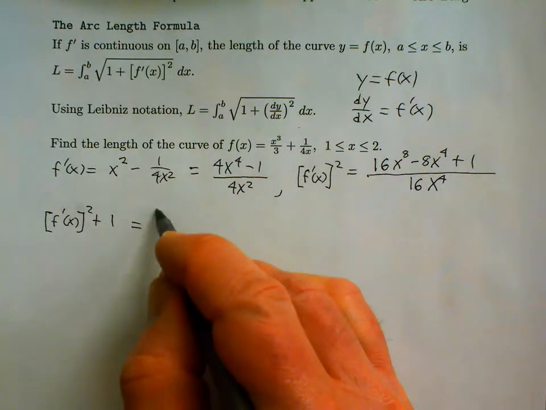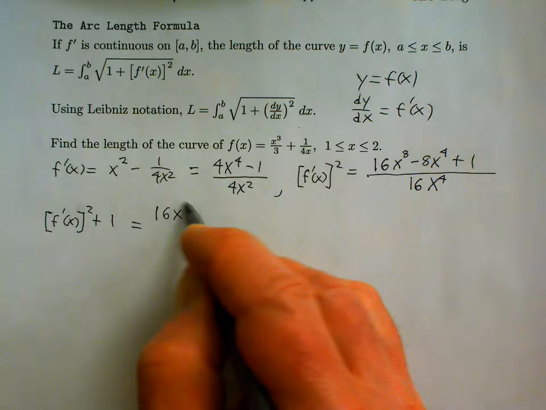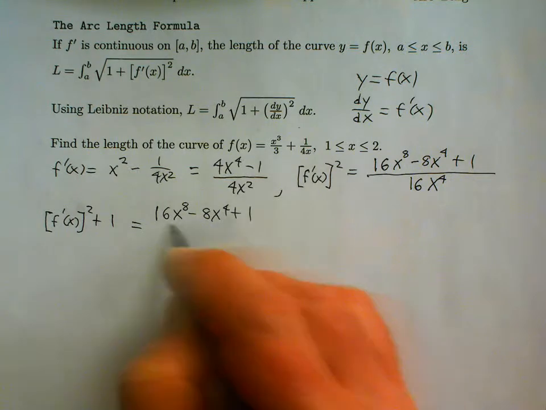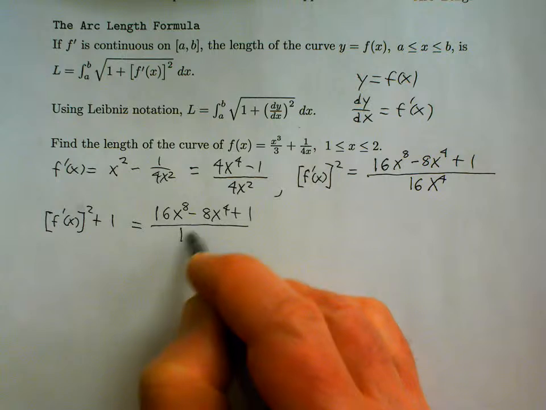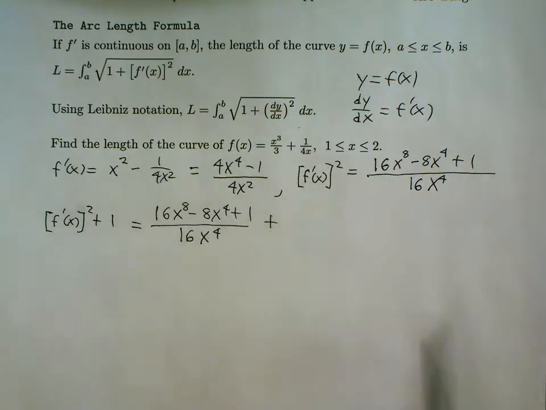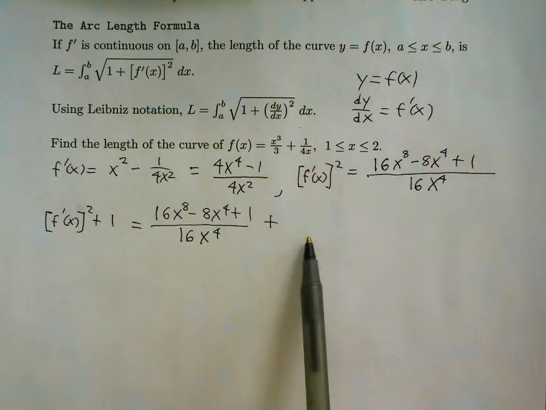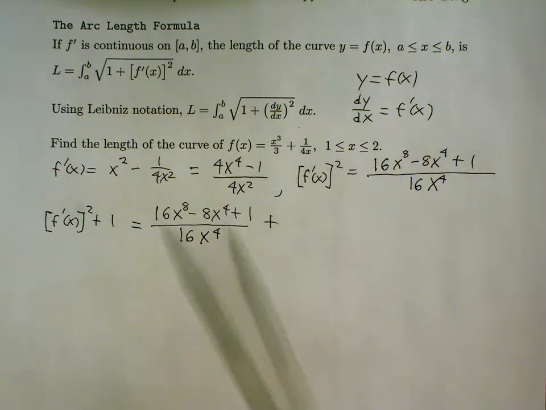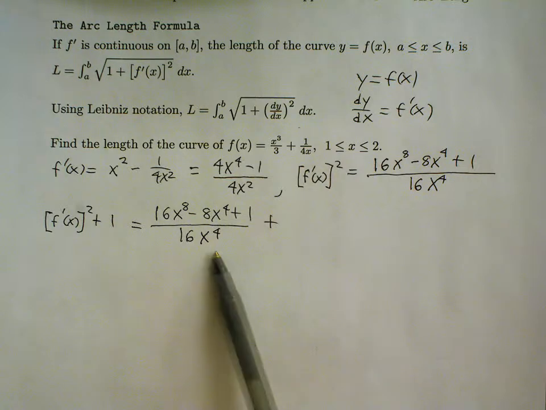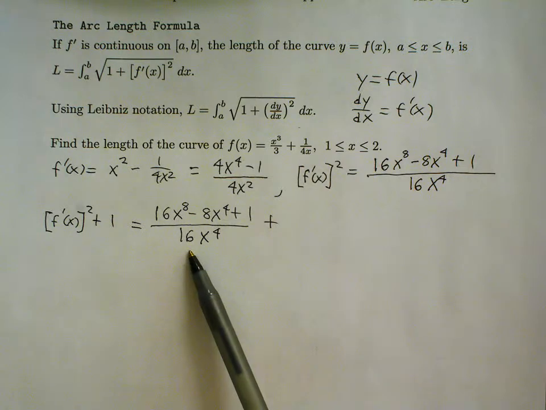So I'll rewrite the 16x to the eighth minus 8x to the fourth plus 1 over 16x to the fourth. And since I'm adding 1, I'm going to want to write the final result as a single rational expression with a denominator of 16 times x to the fourth.